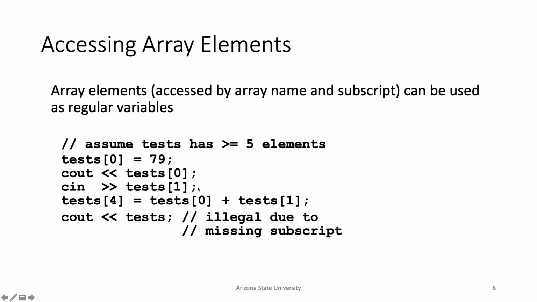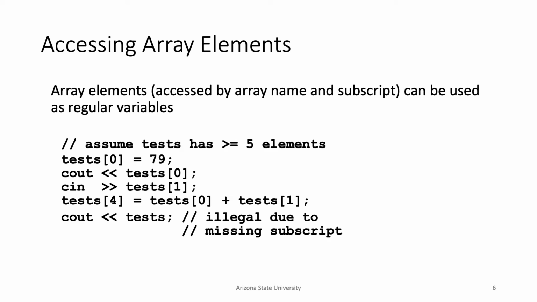Let's say that for tests of 1, right here, in this cin statement, the user enters 10 as an example. What will tests of 4 be? So what was tests of 0 right now? 79 still. What is tests of 1 now? 10. So tests of 4 now will be 89, because it looks up the value in the 0th index and the value in the first index, then adds them together and sets the 4th index.